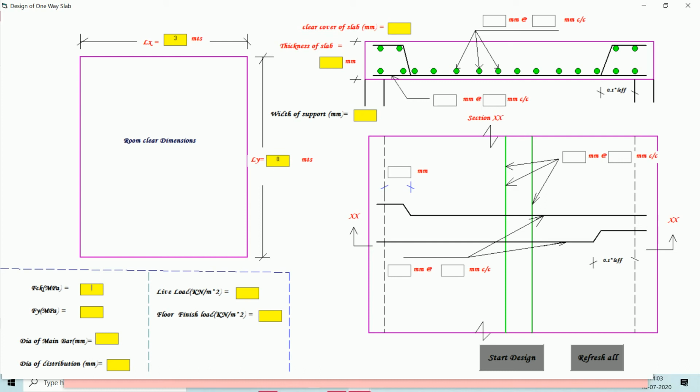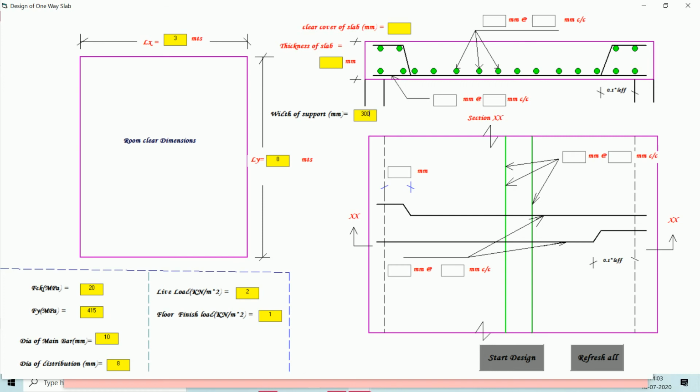Then 8, then grade of concrete, that is 20, and grade of steel 415, diameter of the main bar 10 mm, diameter of the distribution reinforcement 8, the live load is 2, and the floor finish load is 1 kilonewton per meter square, and the width of the support. Generally the slab rests on the wall or on the beams, so you have to give the width of that beam or wall.